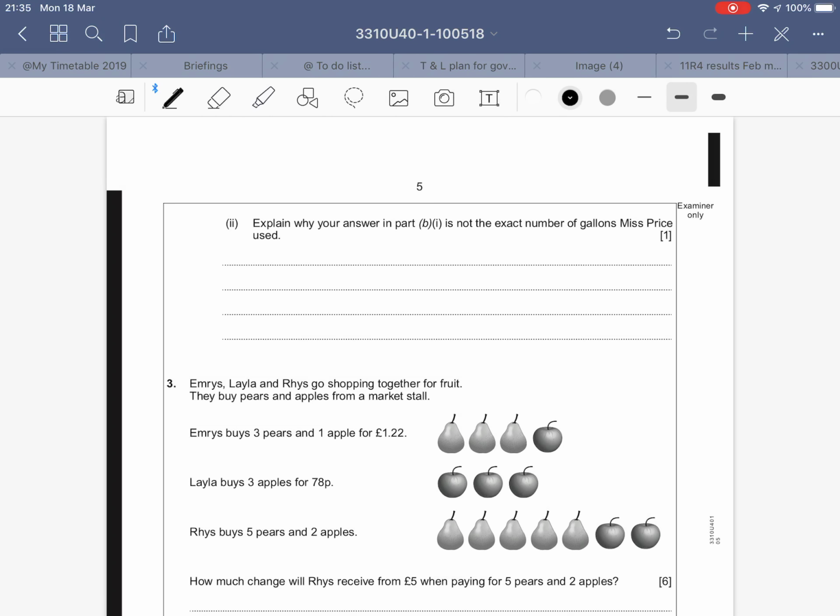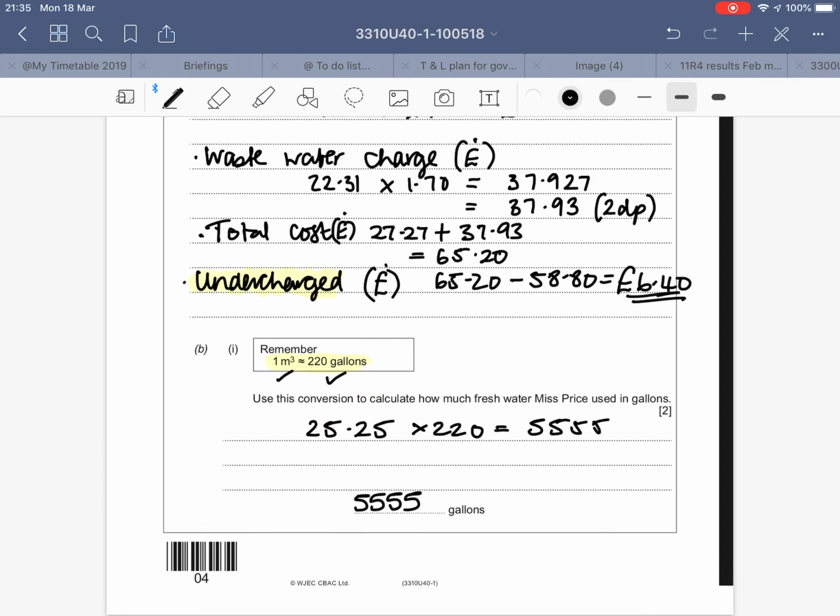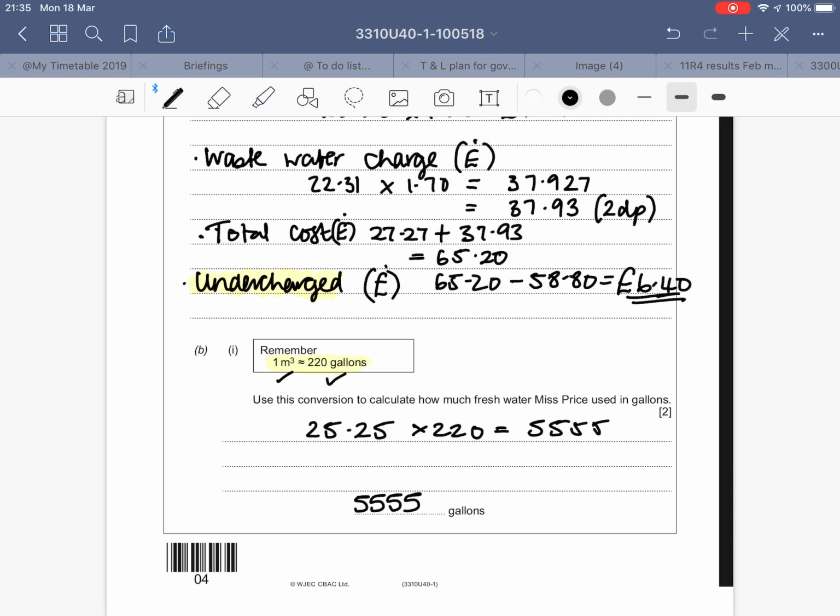Part 2. Explain why your answer to Part B is not the exact number of gallons that she's used. So explain why this answer is not. And you'll notice that here there are a pair of wavy equal signs, and that's to do with the fact that this is an approximation.